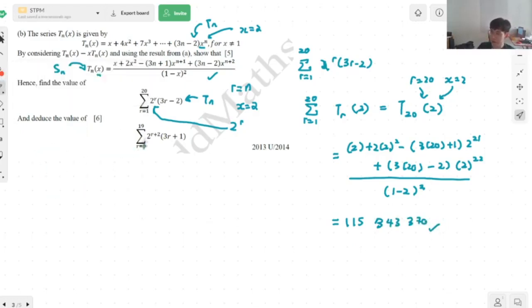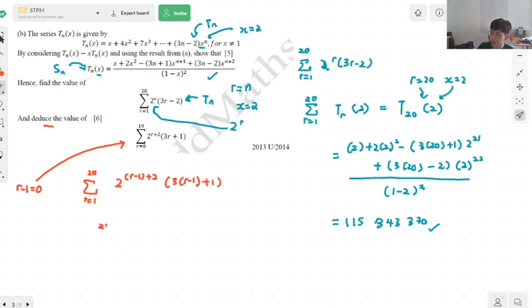Then the second one, you see that it's a weird thing, but deduce. Deduce means use what you learned just now and deduce what this is. So what if now I change to r equal to 1 to 20. If I change r equal to 1, meaning to say you are substituting r minus 1 equal to 0 into the equation. So the r now is r minus 1 plus 2, the r now is r minus 1 plus 1.